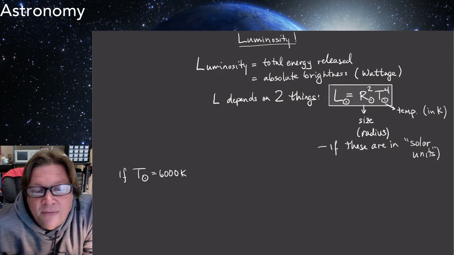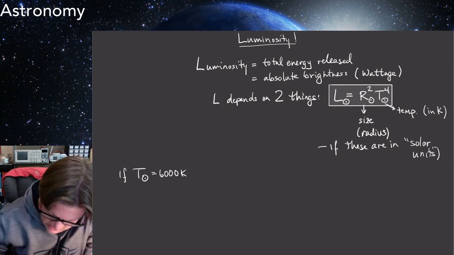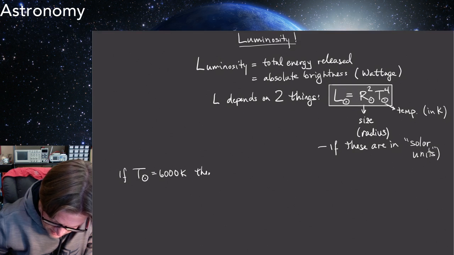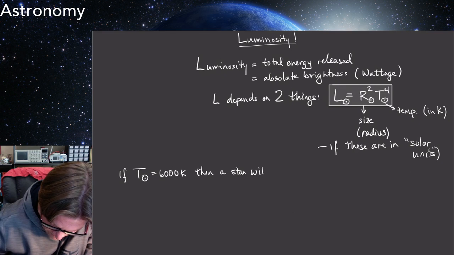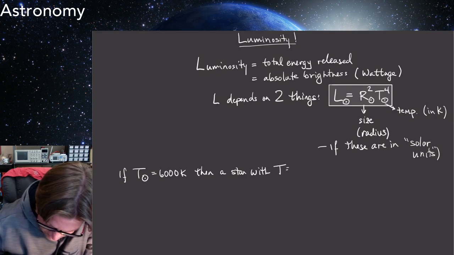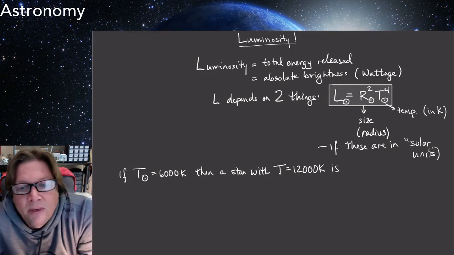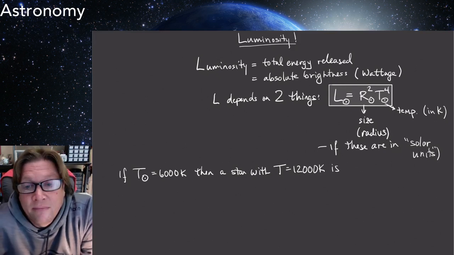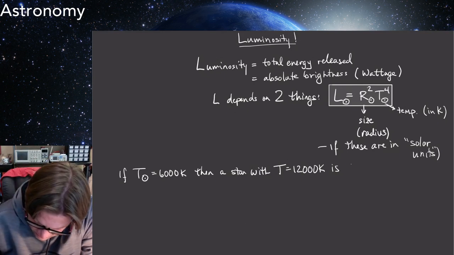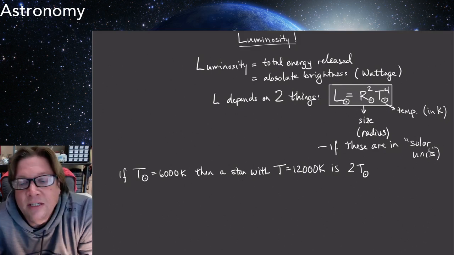So if that's the temperature of the sun, then a star with T of 12,000, well, that would be twice as hot as the sun, right? So that would be 2 T solar.